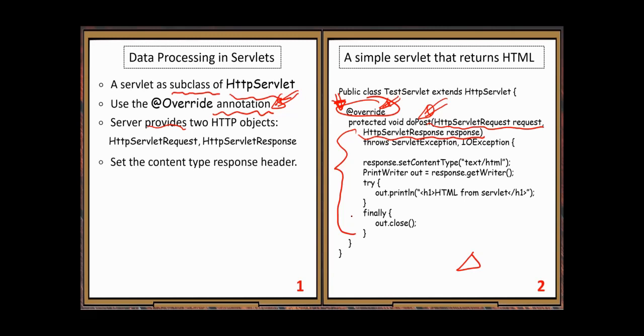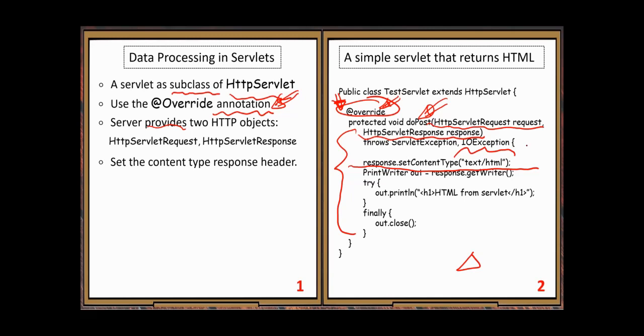First, set the content type response header. We learned the structure of the HTTP response in our module 1. In that, we know we need to set the content type. This content type is for the web browser.